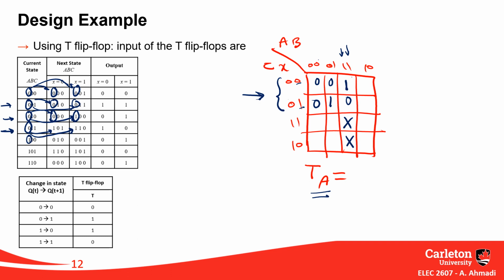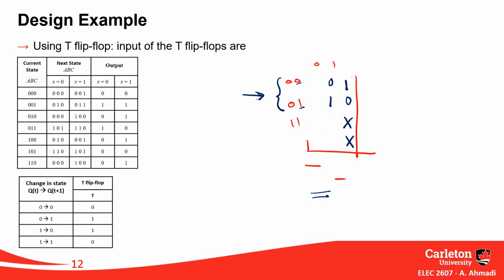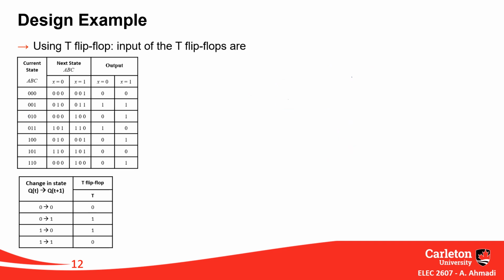And here, in the other row, transition from 1 to 0 and transition from 1 to 0. You do that one by one to figure out how your table should be filled with zeros and ones to create an appropriate logic for your TA to control transition between states for your T flip-flops. Okay, to do that you have to repeat this for B and C as well to get the answer.